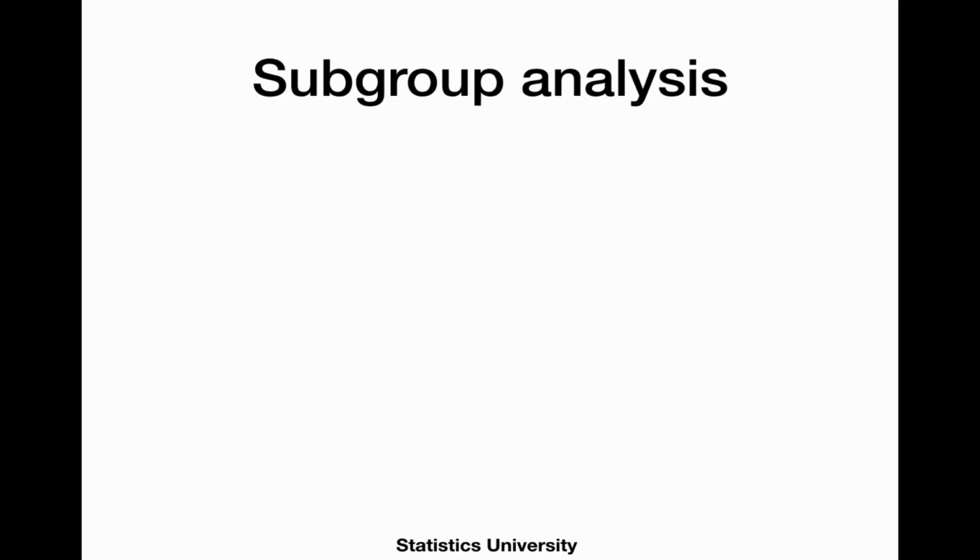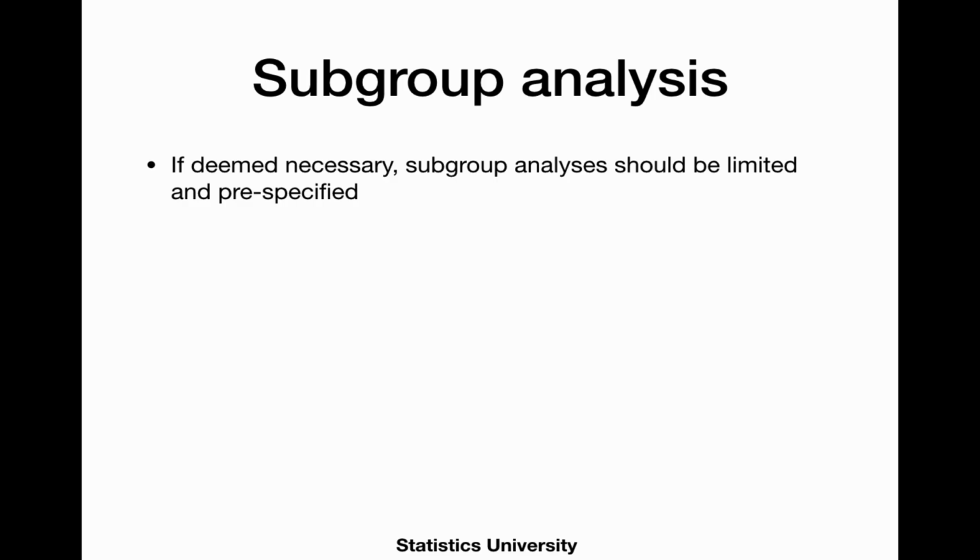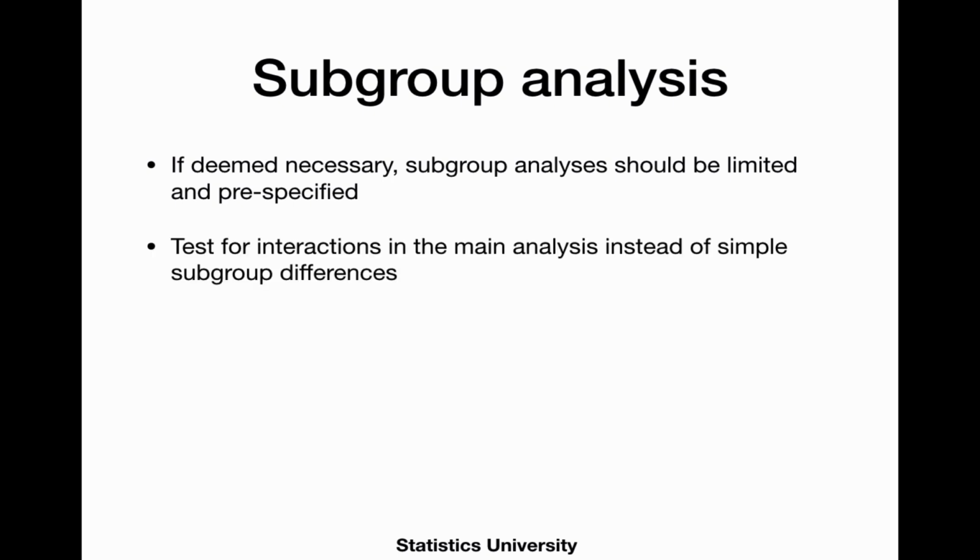And with regards to subgroup analyses, if you deem them necessary, then limit your subgroup analyses and pre-specify them in your analysis plan. Now, it is better to test for interactions in the main analysis instead of simply testing for subgroup differences, and most statistical software packages let you do that quite easily.